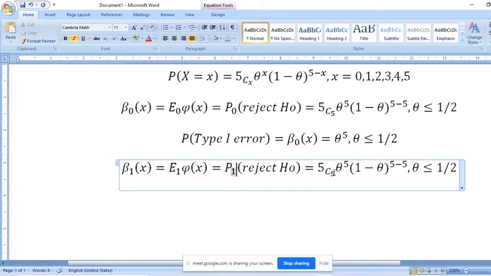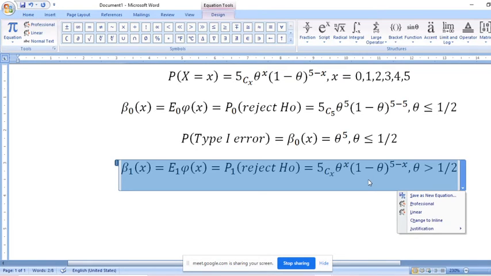So what will be the answer? It gets reversed, because we are considering H1 is true, so theta greater than theta. We can simplify this.